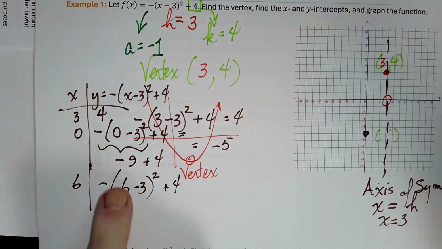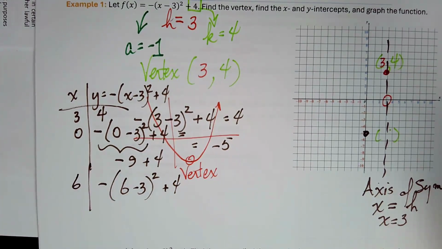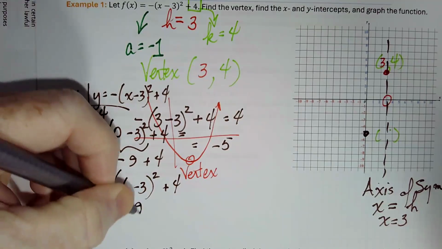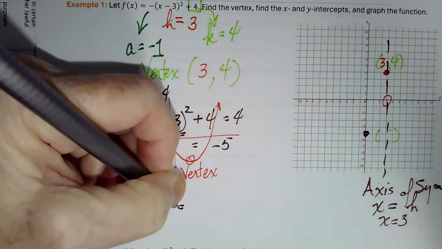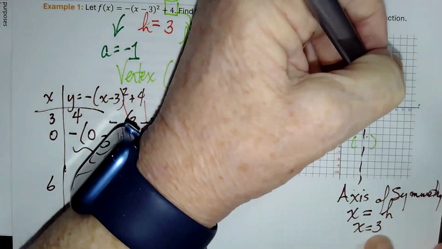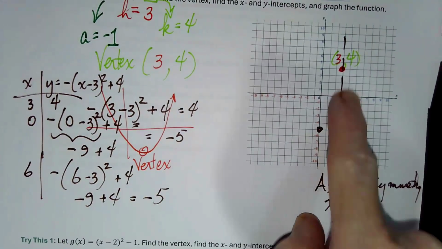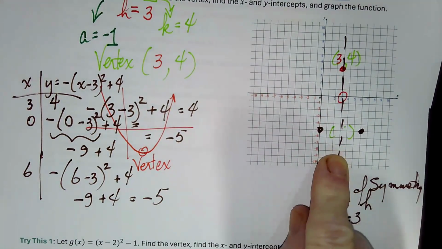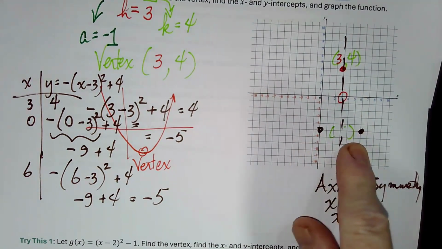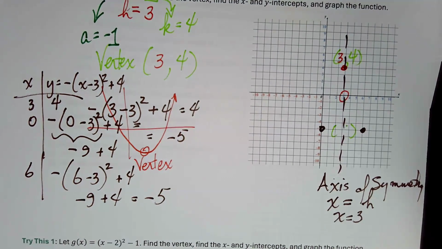Excellent. And then what do we do with the negative that's outside? Negative 9 plus 4 will be negative 5. Okay, so we really do get the same value. So any point that we find to the left of this, we'll have a matching point to the right.